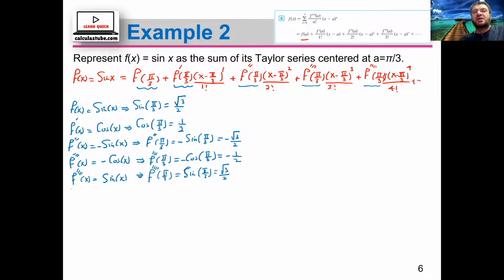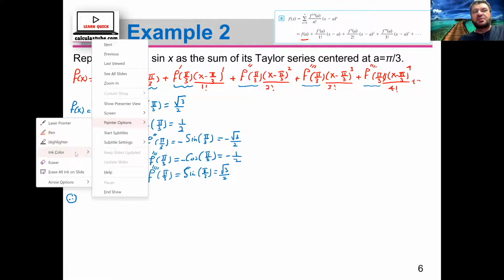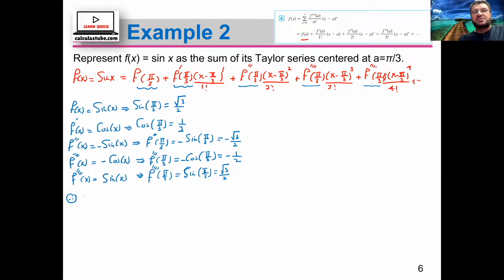Alrighty, now let's go back to our original function. Sine x is equal to f of pi over 3, guys. The first one is f of pi over 3, which is nothing but sine pi over 3, which is square root of 3 over 2.